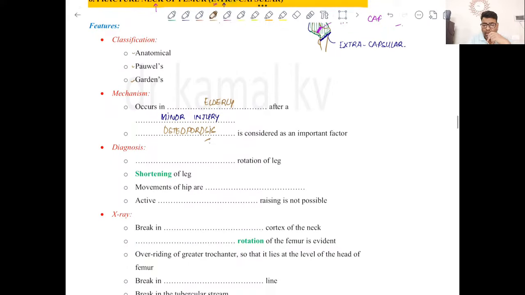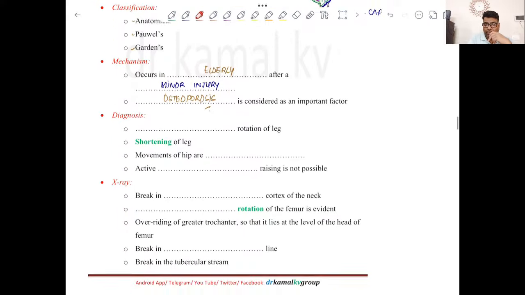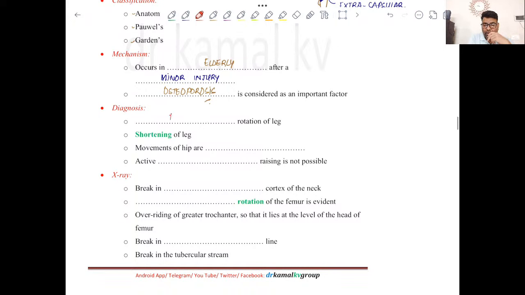Now here, the classical deformity is external rotation of the leg, right?